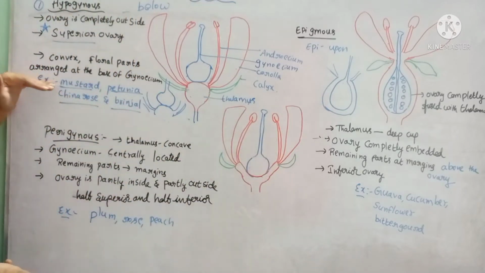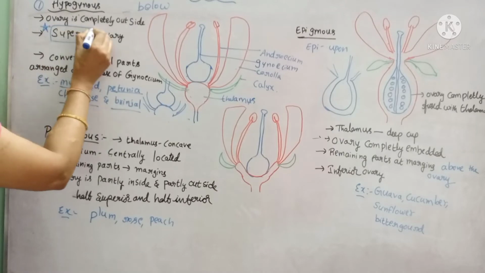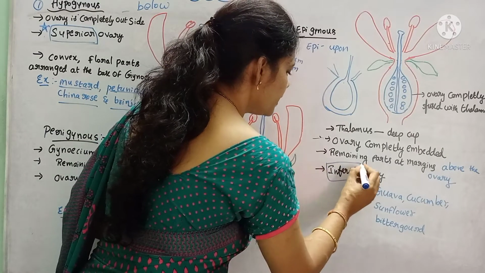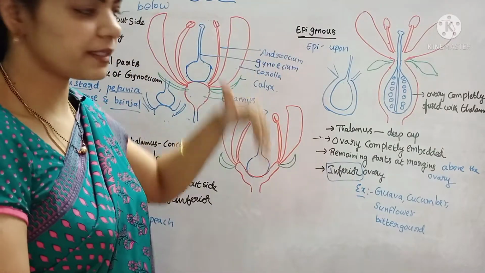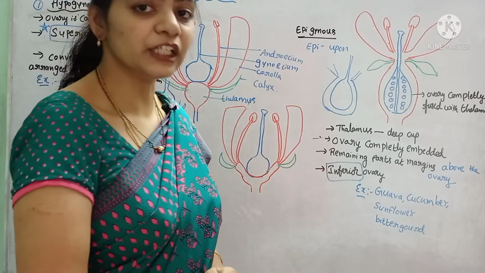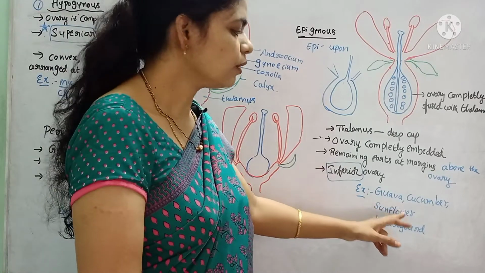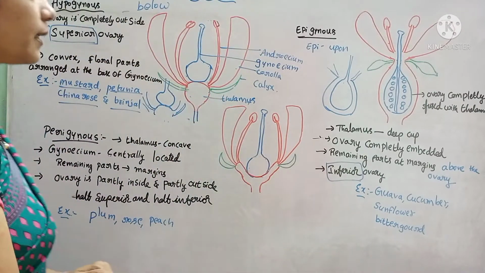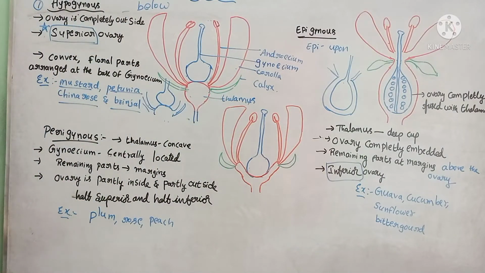Here, it is a superior ovary. This is the superior ovary. In epigynous, it is inferior, that is, present inside the thalamus, hence it is completely inferior. Examples: guava, cucumber, sunflower and bitter gourd are examples for epigynous flowers.